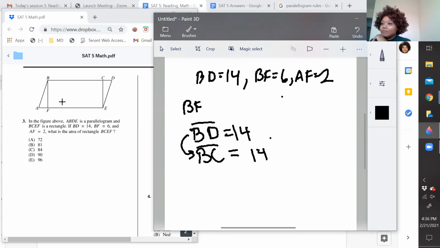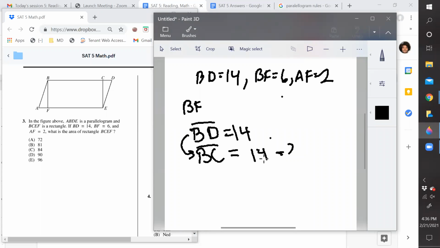So sides are congruent. We see that AF here, there's another triangle within that, and it's flipped on the opposite side. So the line AF would correspond to CD. So we're going to subtract 2. And CD is not a part of BC, so you want to get rid of that. So you would subtract it and you get 12.